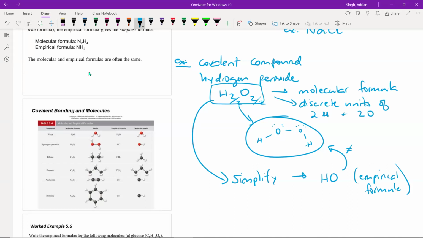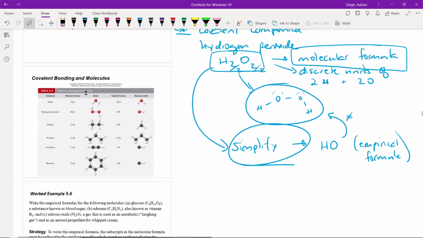So for covalent compounds, the molecular formula is going to be way more beneficial for us than the empirical formula would be. But just so that you know, the empirical formula is just the simplified version of a molecular formula, the simplest whole number ratio.